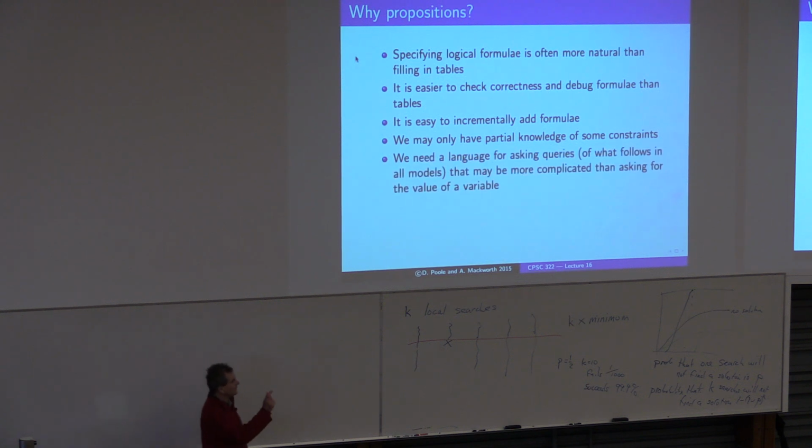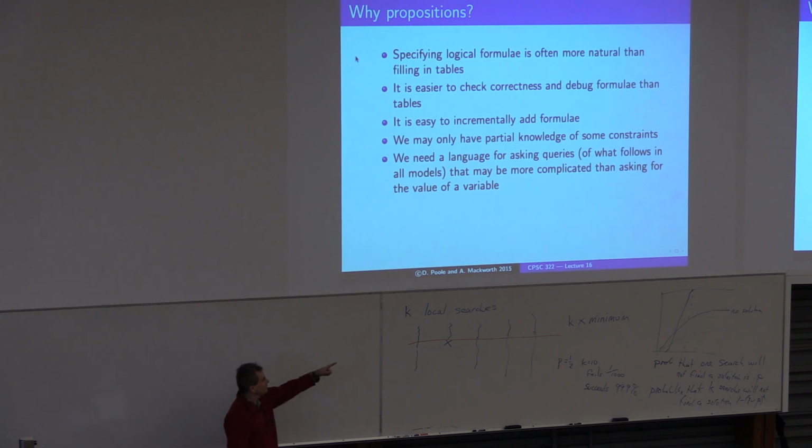Some of the reasons are about asking queries. We actually want to query particular atoms. We'll ask queries of what follows in all models. And it might be more complicated than just asking a value for the variable. We're actually going to consider asking what-if queries. So to answer the question before, why didn't my light turn on, we're going to prove a more complicated query.